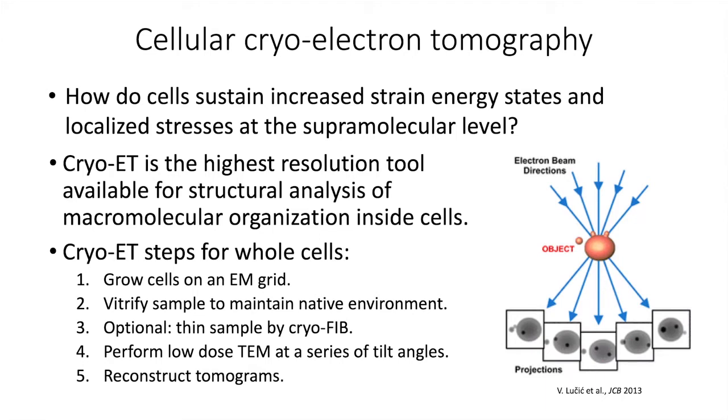So, what are the steps that are required for performing cryo-ET on cells? First, you grow the cells on EM grids. Second, you vitrify the samples to maintain the native environment of the cell. We plunge freeze our grids in liquid ethane, cooled to minus 180 degrees Celsius, to create vitreous as opposed to crystalline ice.